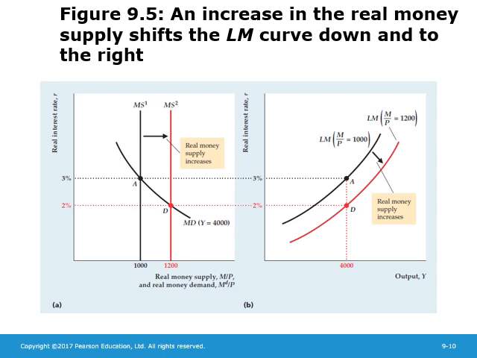This means that what happened to the LM curve? The shift is down and to the right. So this is the shift when the new LM is associated with a lower real interest rate due to the increase in the real money supply from MS1 1000 to MS2 1200.